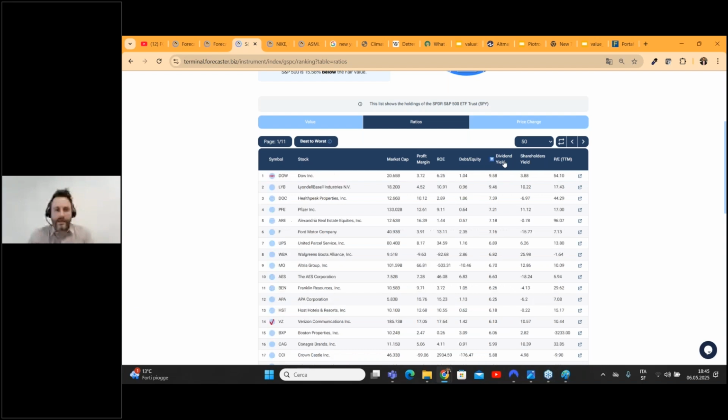Okay, for example, look, the first one, Dow Inc., has a very high dividend yield, but a shareholder yield of only 3.88, which is something that I don't like, because it means that the real dividend yield is 3.88, but the difference between this and this, probably they made loans in order to create this money.